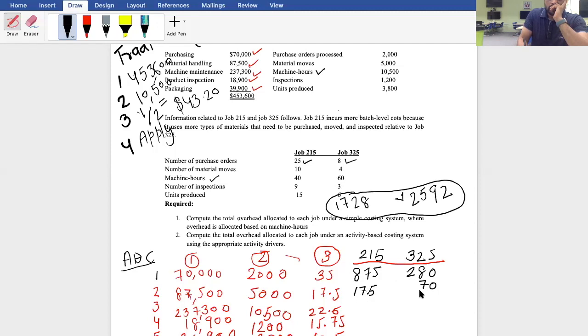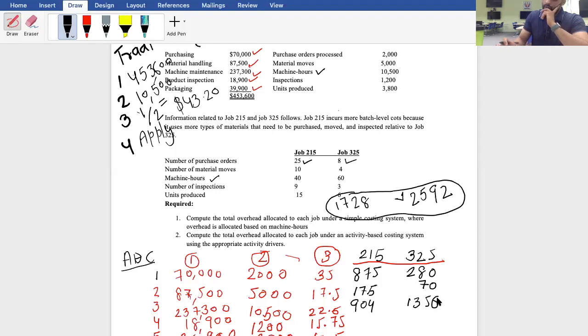Next is machine hour. So 22.6 is the rate multiplied by 40, which is 904. 904, right? And 22.6 multiplied by 60, all right, for job 325, which is 1356. 1356, right?